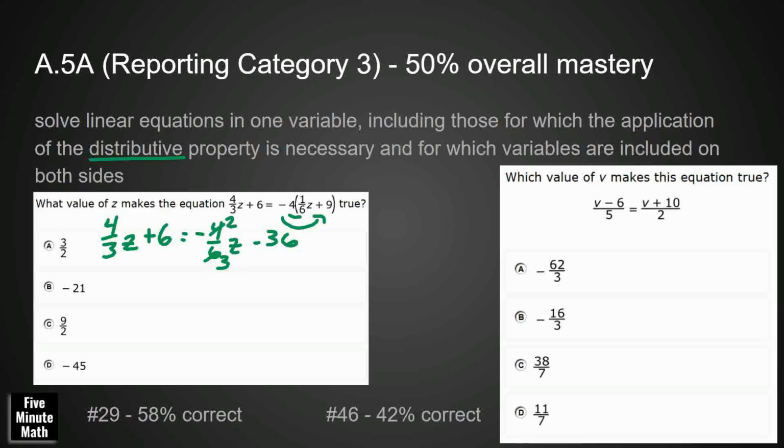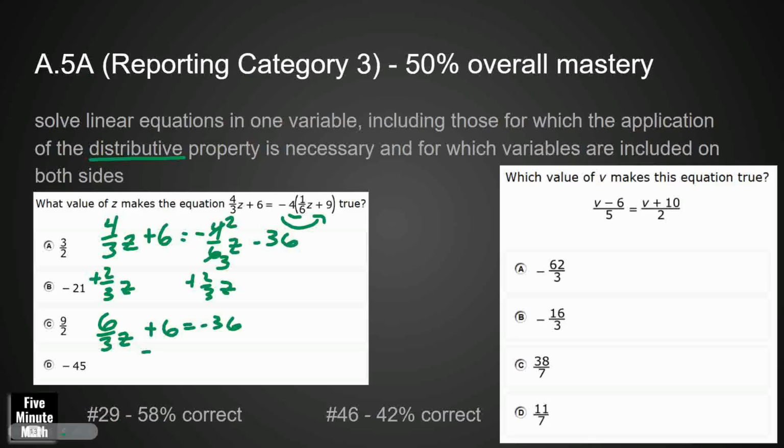If I go ahead and simplify this, so I've got -2/3. Let me go ahead and add 2/3 z to both sides so I can get my z's together. And if we add 2/3 z to the 4/3 z, I end up getting 6/3 z. That's just 2. Fractions are gone. Plus 6 equals -36.